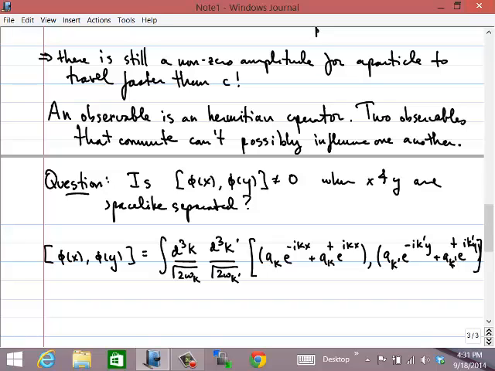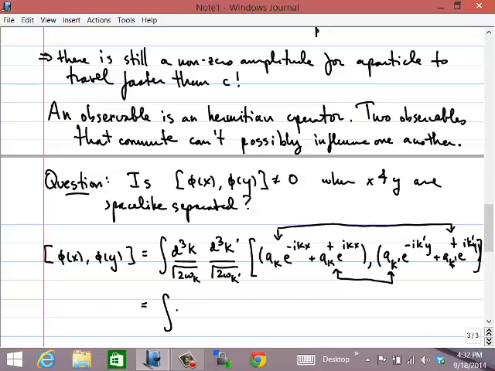Now we can use the harmonic oscillator algebra, and the only terms that will be non-zero are this term and this term. Their commutators will both just be a delta function that sets k equal to k prime.